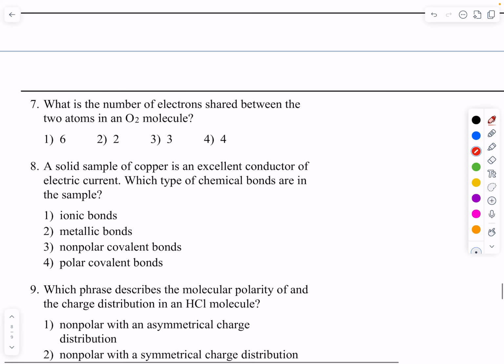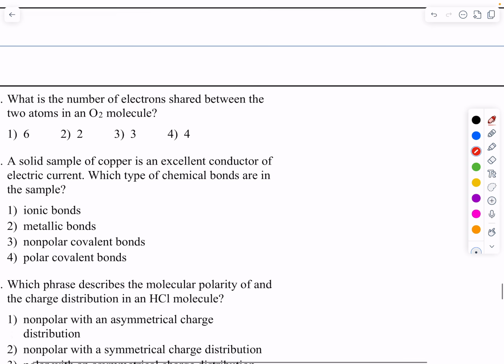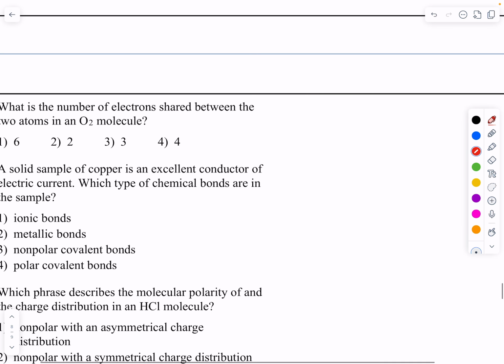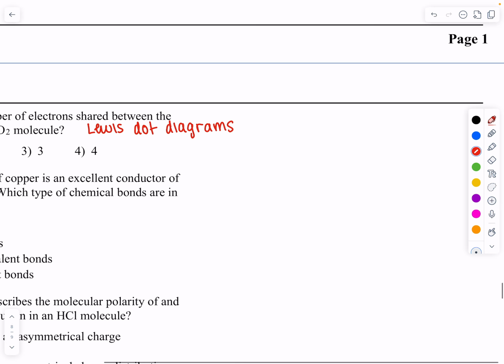Which is the number of electrons shared between the 2 atoms in an oxygen molecule, O2? This comes with drawing Lewis dot diagrams, but for a compound, a Lewis structure.